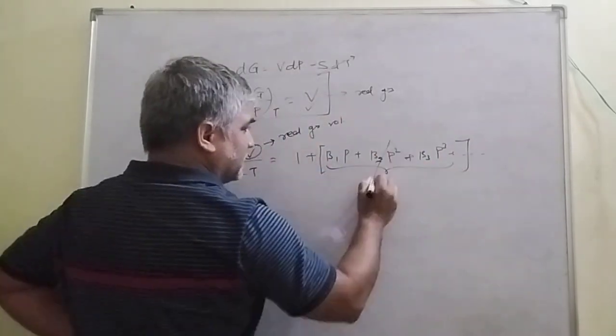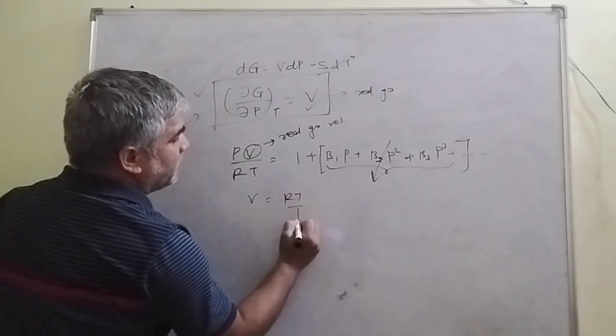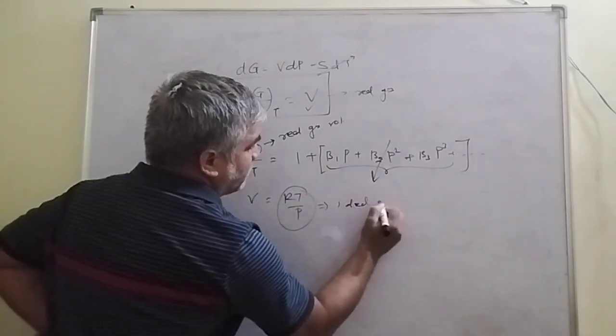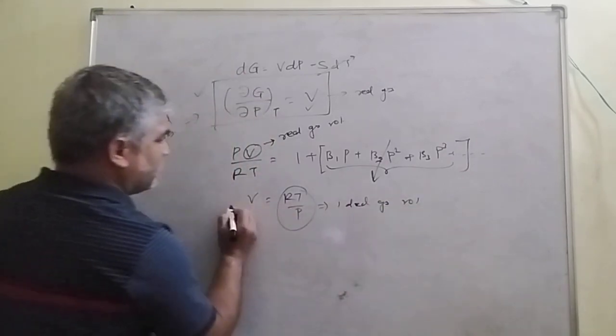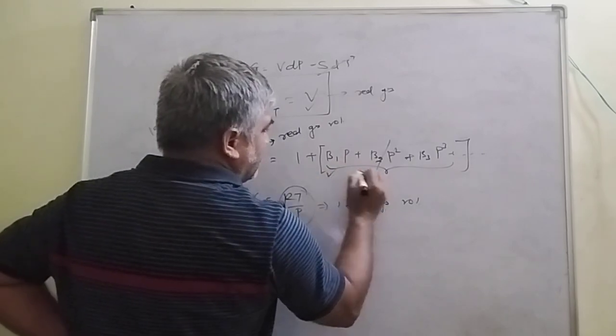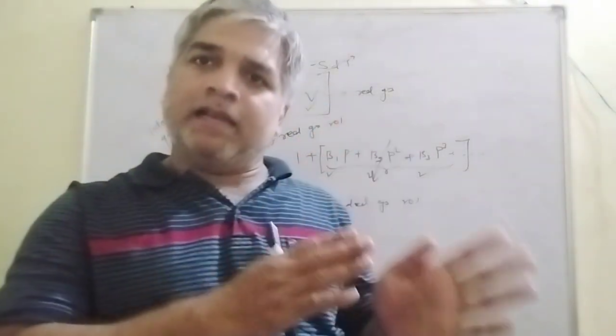If I omit these extra terms, then V equals RT by P, that means the ideal gas volume is equal to the real gas volume. When I keep adding these terms, the gas deviates from ideal gas behavior to real gas behavior.